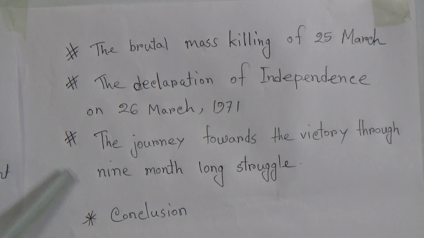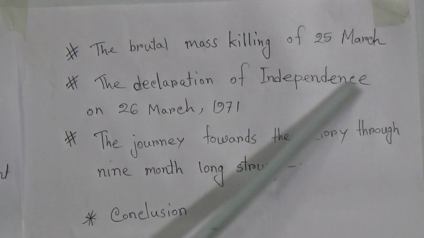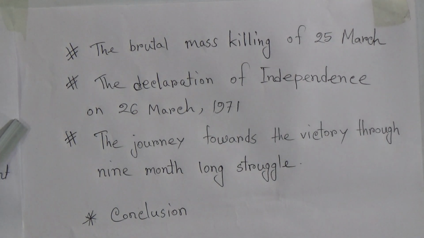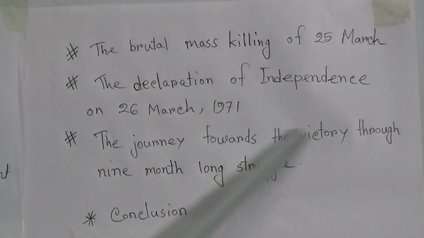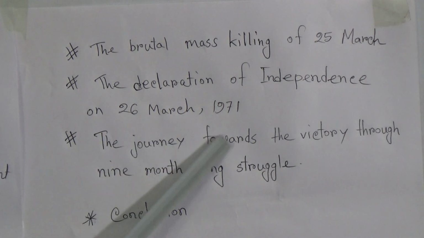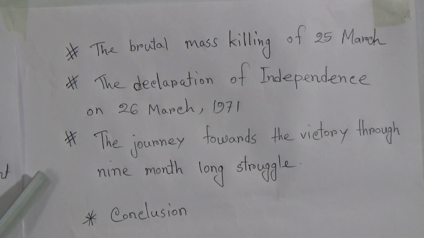Okay, in this journey you can mention these points like the mass killing of 25th March, then the declaration of independence on 26th March, then the journey towards the victory through the 9-month-long struggle.